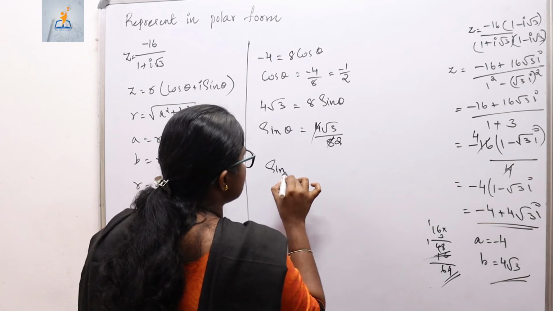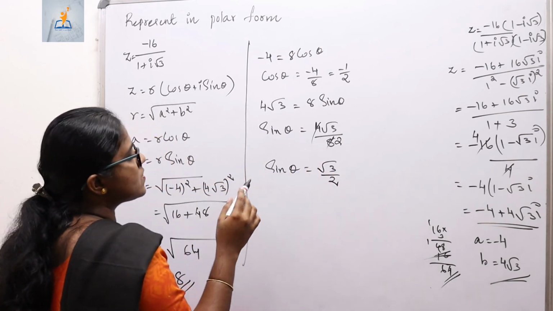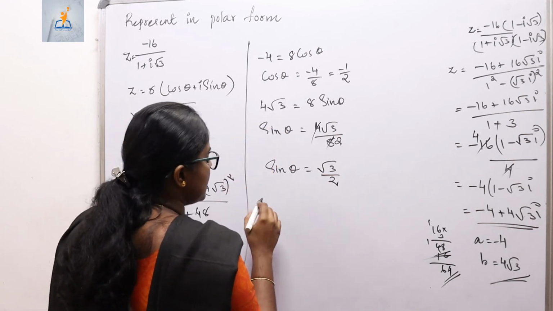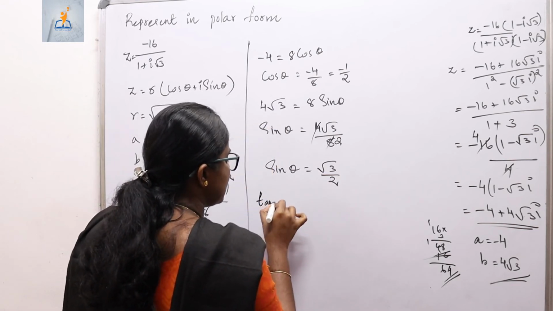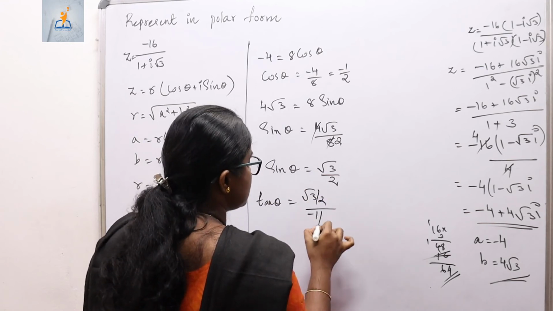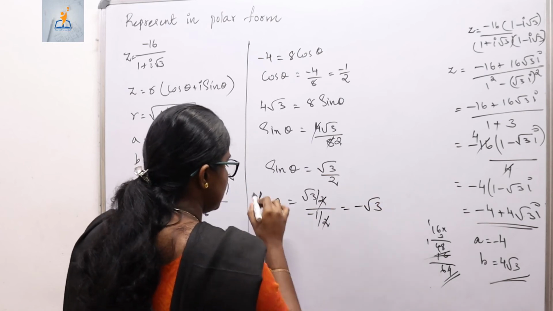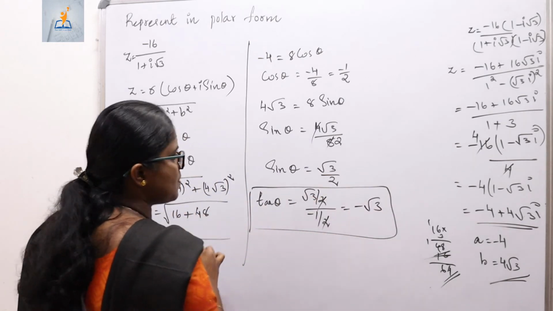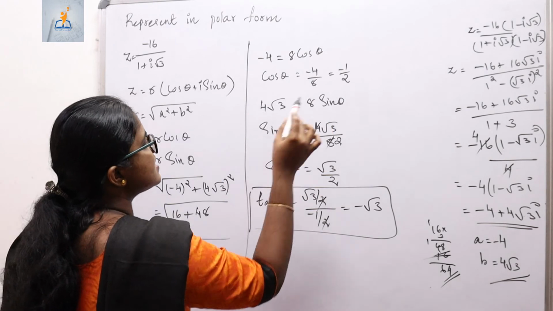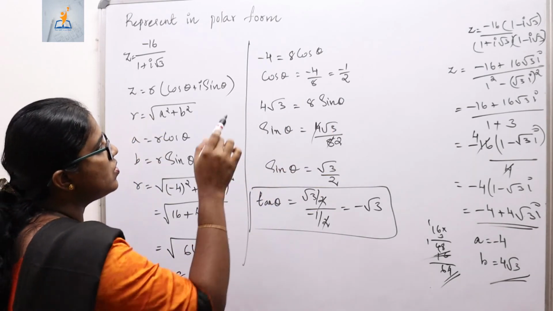So sin theta is equal to root 3 by 2 and cos theta is minus 1 by 2. So tan theta is root 3 by 2 divided by minus 1 by 2, which is minus root 3.